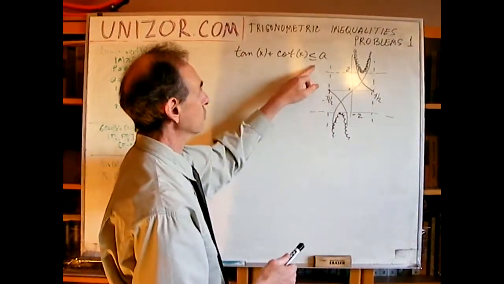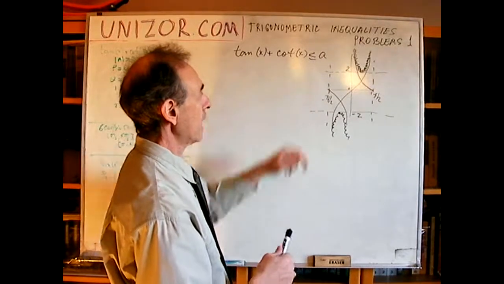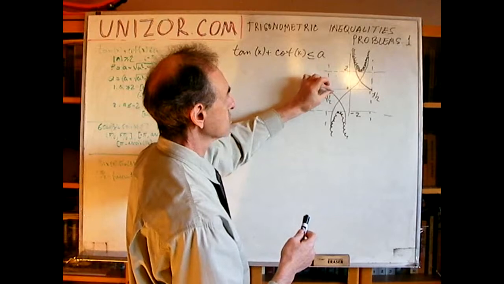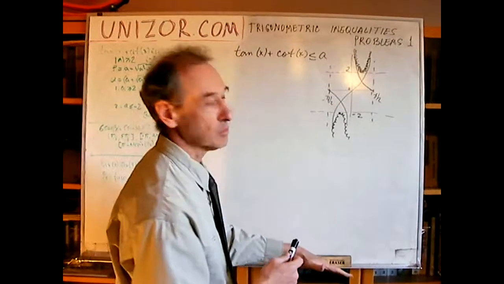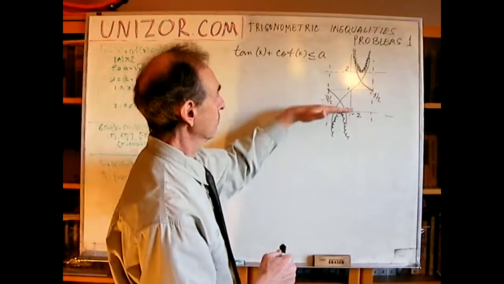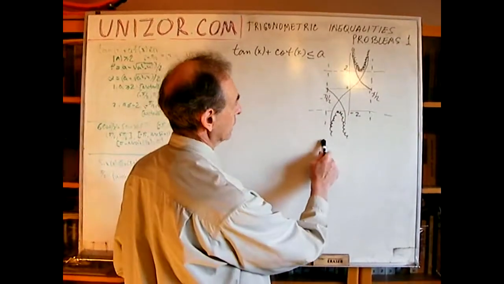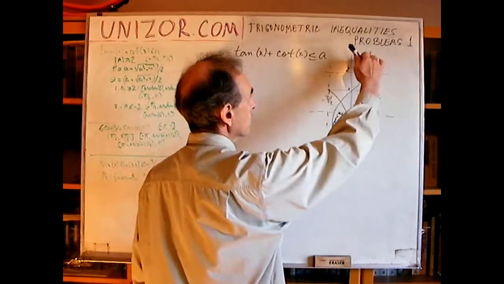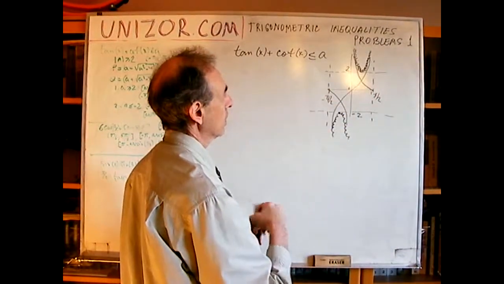Now, if I would like to have less than or equal to a, well, it depends. If a is between these two, then the bottom part will be completely inside this interval. If it will be below 2, I will have two different intervals, left and right, and it will be above 2, below minus 2.